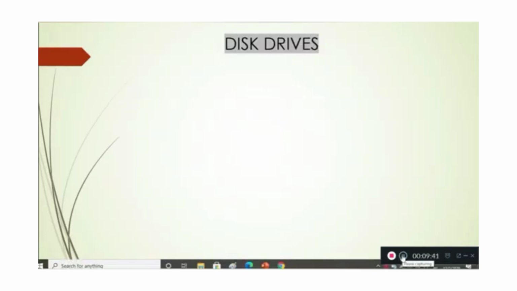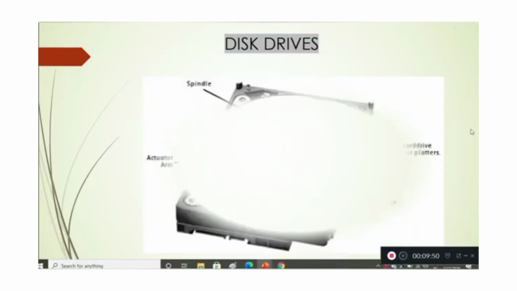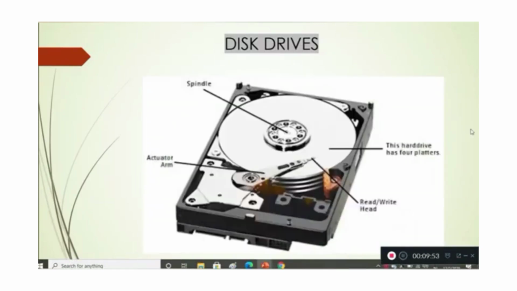Next part is the hard drive or disk drive. You already know that a disk drive is a slot that helps us read information from the storage disk. The two most common disk drives are the hard drive and the optical disk drive.